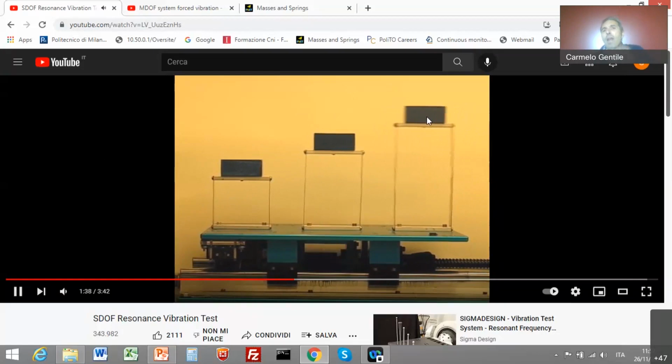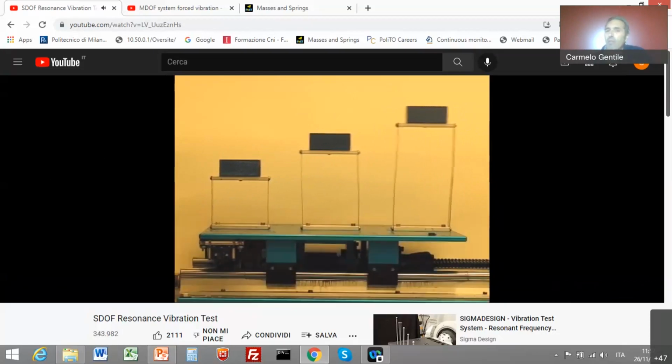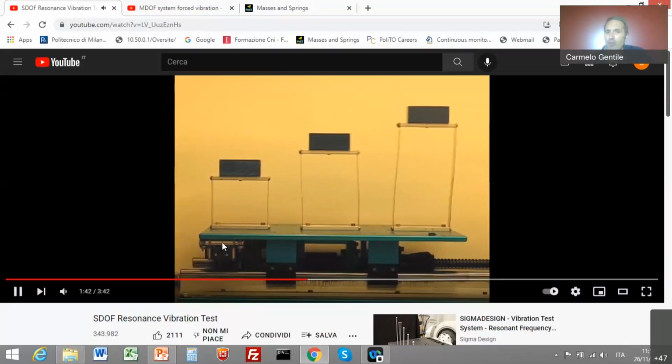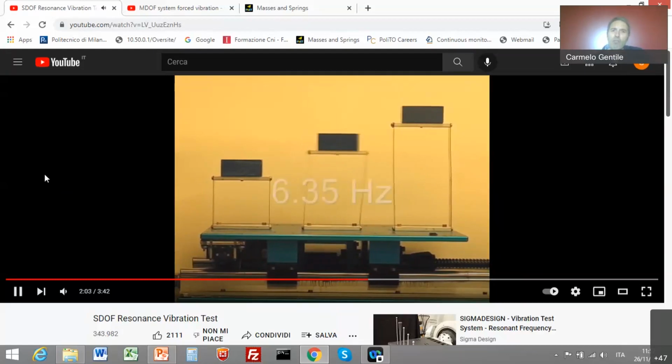Now, the frequency of the applied motion is increasing, and the second system now exhibits a very high acceleration and an amplification, because now it's the stiffness of this second system which generates a second resonance at 6.35 Hertz.